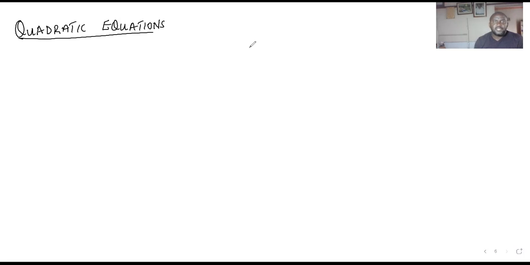So here we are in a new topic, new definition. And the new topic and the new definition we are looking at is what we are calling quadratic equations. We have all seen a quadratic equation. There is what we call a quadratic expression.